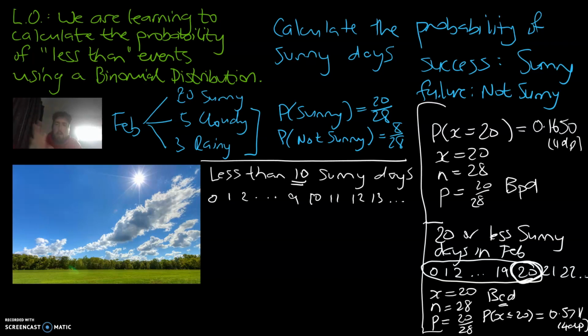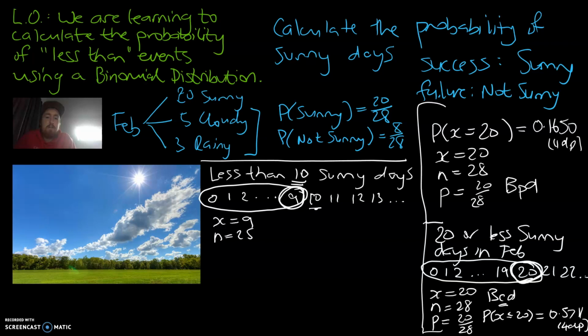We need to circle the range of outcomes we're interested in. For less than 10, the question is normally, do we include 10? Here, less than 10 means 0 to 9. We're not including 10 because 10 isn't less than 10, it's equal to 10. If the words were slightly different, we may include 10, but this time we do not. That means the highest value within that range is 9.